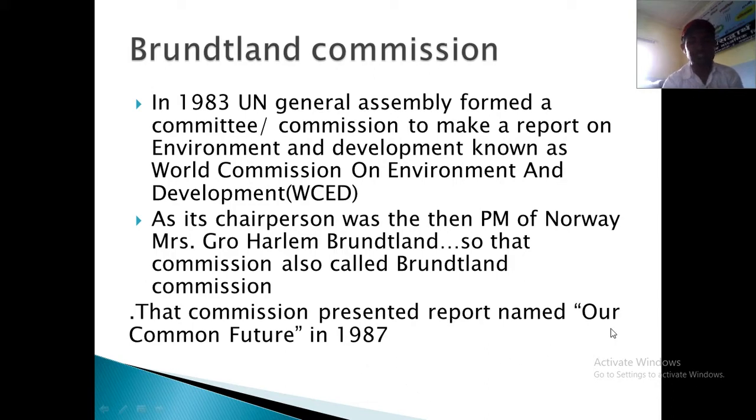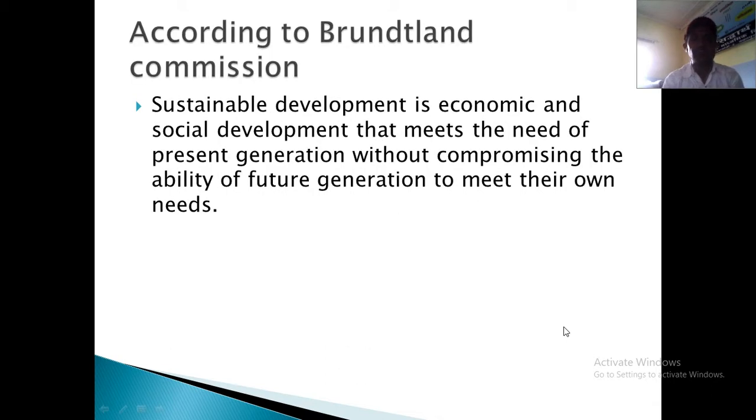The report is named Our Common Future, okay, and it has defined sustainable development in this way. Sustainable development is economic and social development that fulfills the needs of the present generation without compromising the ability of future generations to meet their own needs.